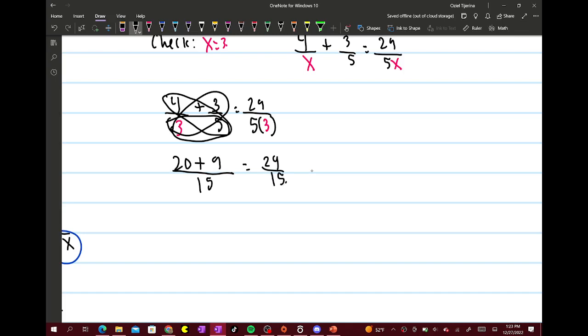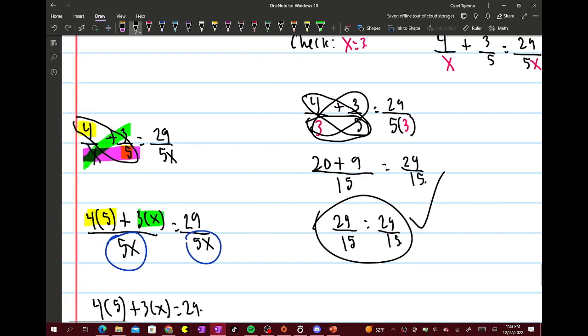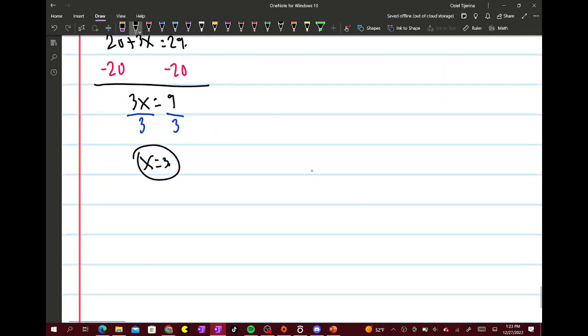So then 20 plus 9 is 29, and 29 over 15 is 29 over 15, right? So this works. So your solution is x equals 3, right?